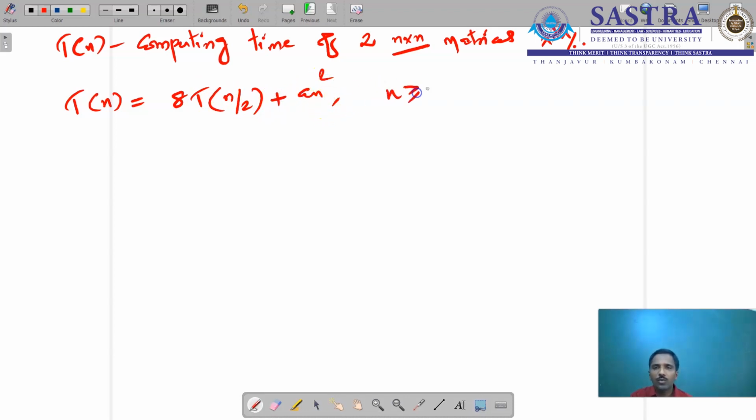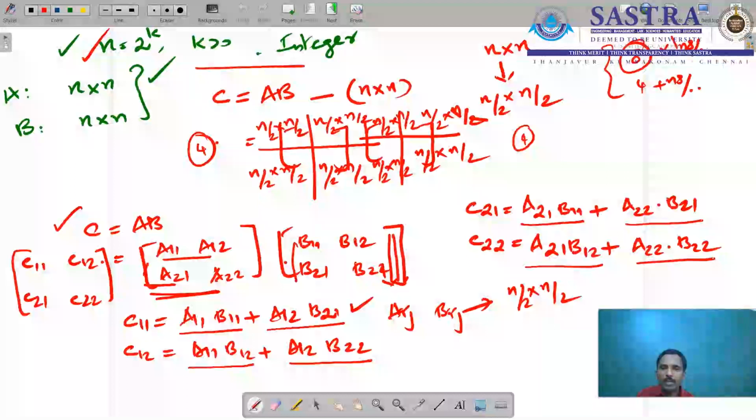This is true when n is greater than or equal to 2, because the computing time of two n by n matrices is given as T of n. After subdividing n by n into n by 2 by n by 2, we need to find the computing time of 8 matrix multiplications of orders n by 2 by n by 2.